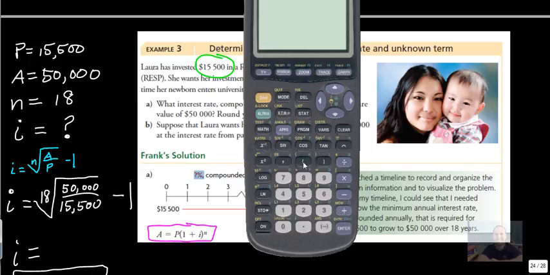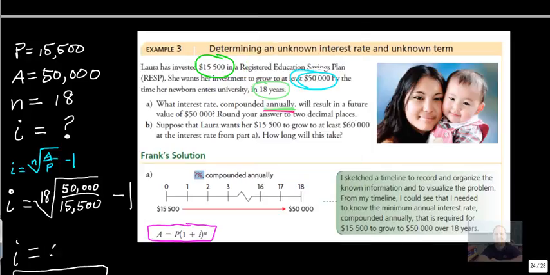From there, you like to use brackets: 50,000 divided by 15,500, end bracket. Let's just do this one first. So you get 1.06722. That's the value of this part. And then we're going to subtract 1. So minus 1, and we get this as a decimal, 0.067229.